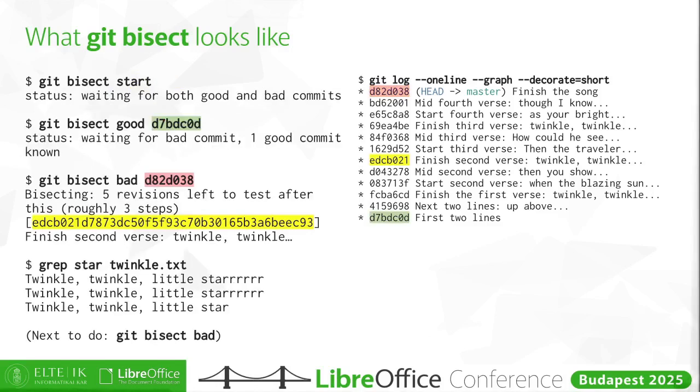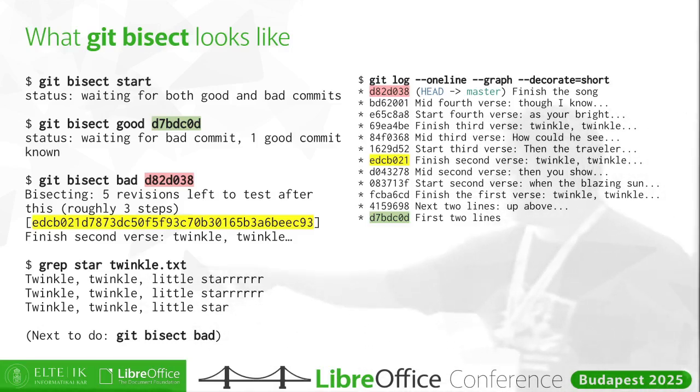I'm going to do exactly what I just said. git bisect start, git bisect good, this one, git bisect bad, this one. As soon as git bisect had both the last known good and the first known bad, it automatically moved us to a commit in the middle, right? So we are now here, and we're going to test it. We don't need to build anything because this is just a text file, but in reality, you will build, run, and test.